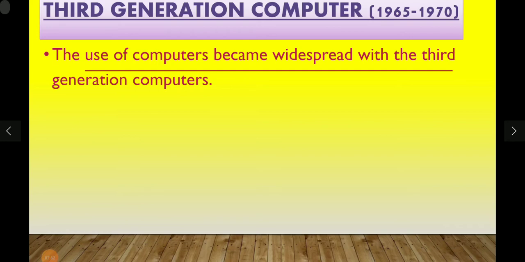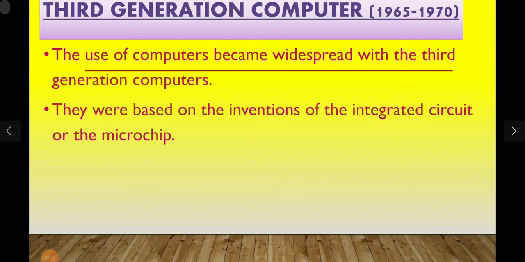Obviously, in the second generation, we saw how compact the computer became. So every university and government sector started using computers, and use became widespread. They were based on the invention of the integrated circuit or microchip.